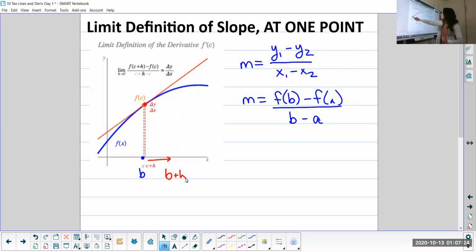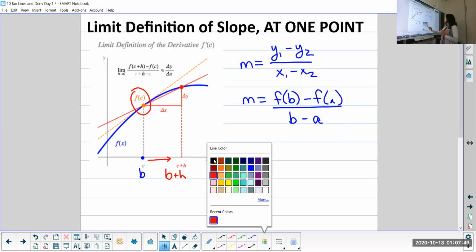So this orange dotted line only touches the blue curve one time. It is a tangent line. So because it only touches the blue curve one time, we need to know what is the exact slope at this one point right there, at f of c, or in this case, b. So here's where the calculus comes into play.